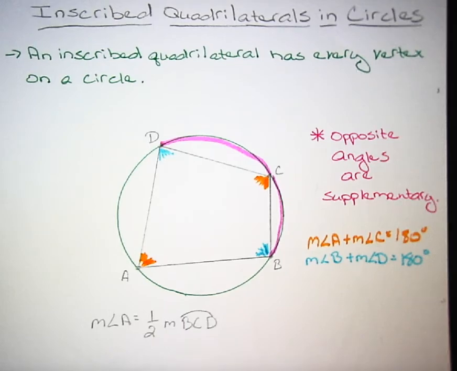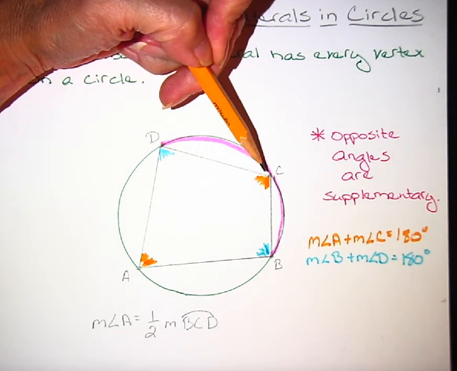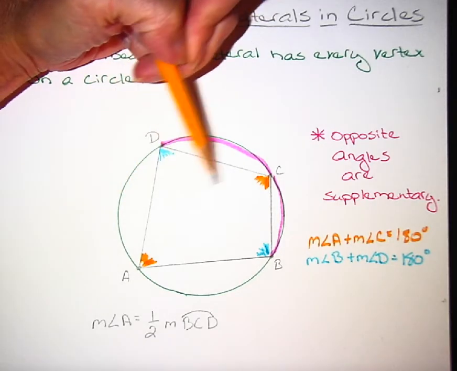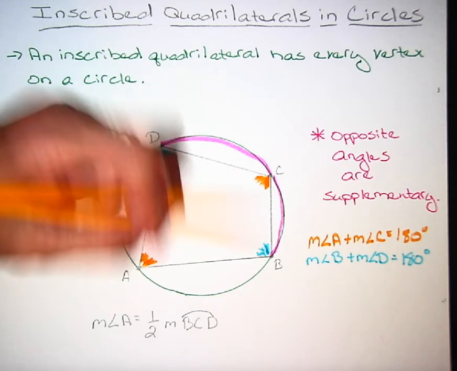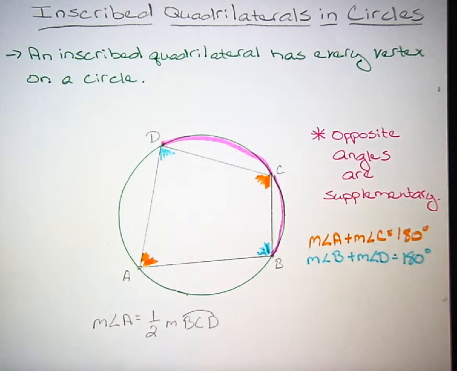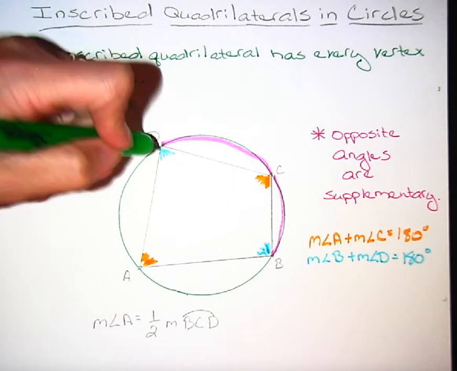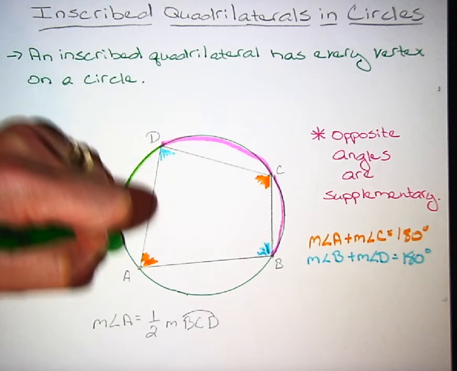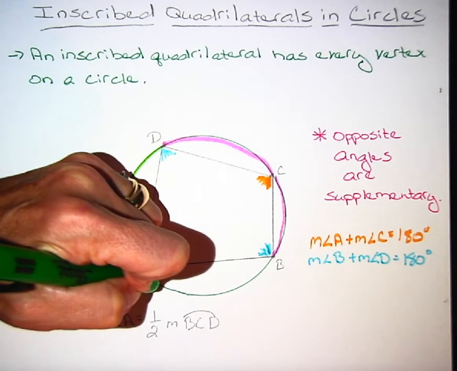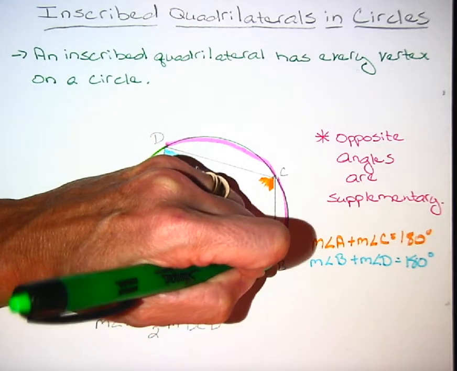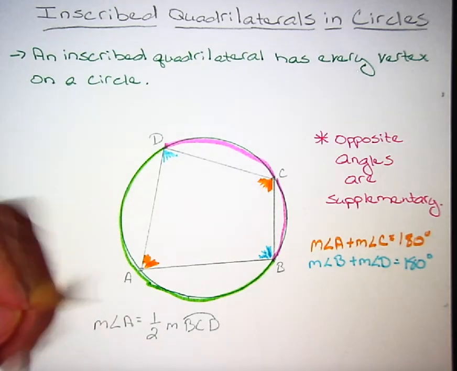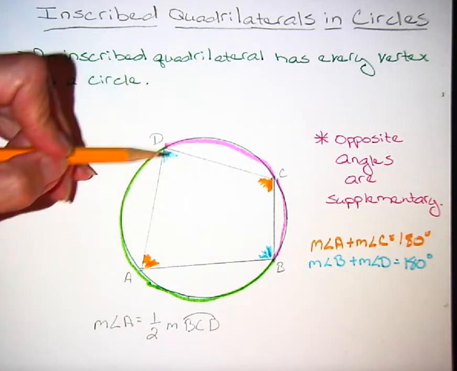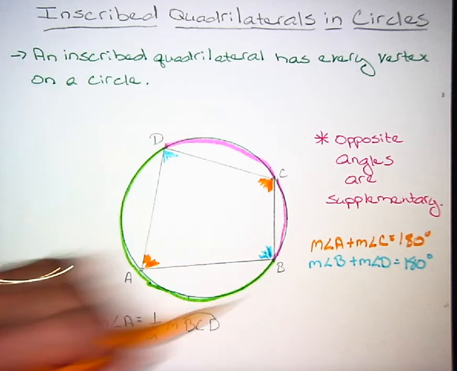Okay? Now let's look at C. C is directly across from A, it's opposite A, so let's look at the arc that it intercepts. It is also an inscribed angle, and the arc that is intercepted by it would go from B to A to D. So, remember from inscribed angles, the angle equals half of the arc that it intercepts.